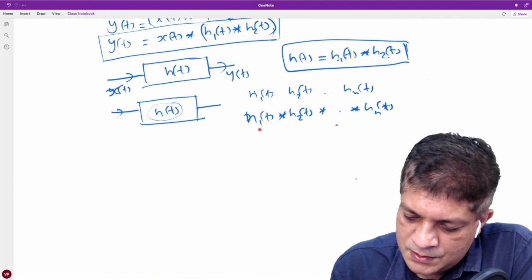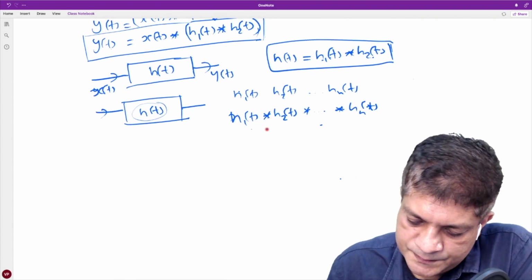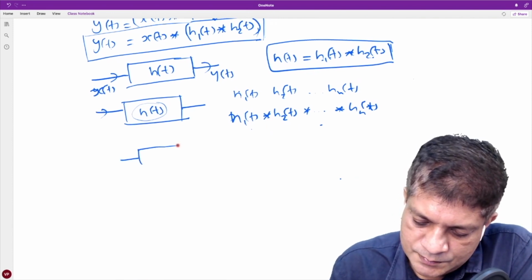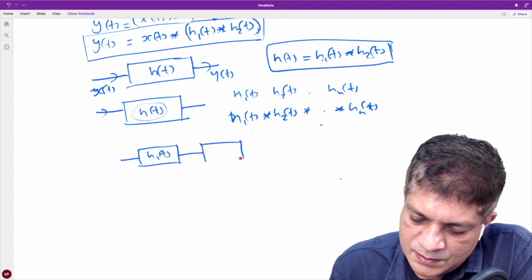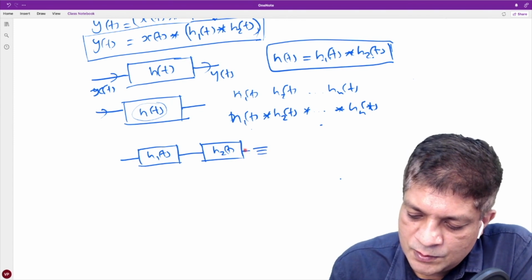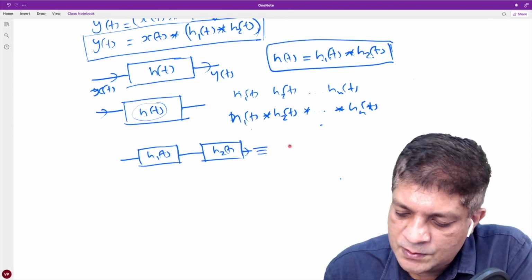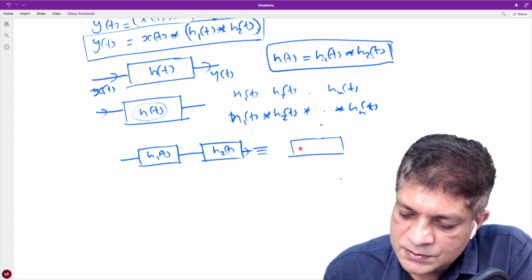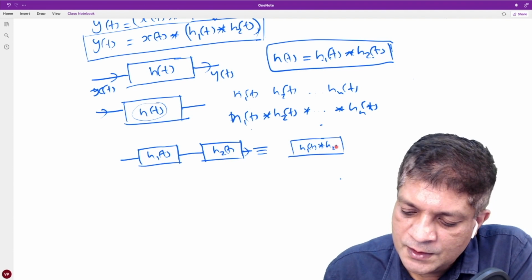Okay, now the next property. What you have seen is that this cascade is equivalent to a system having impulse response h1(t) convolved with h2(t).